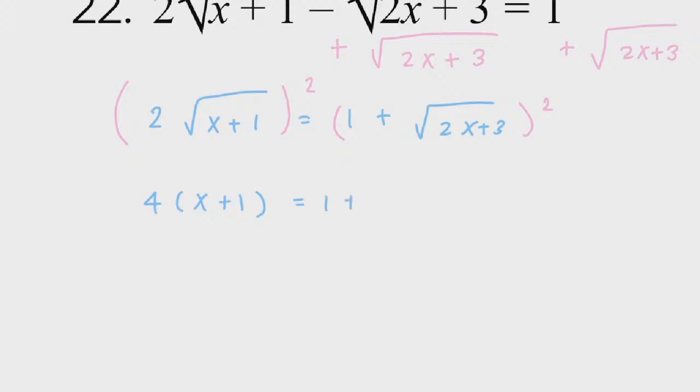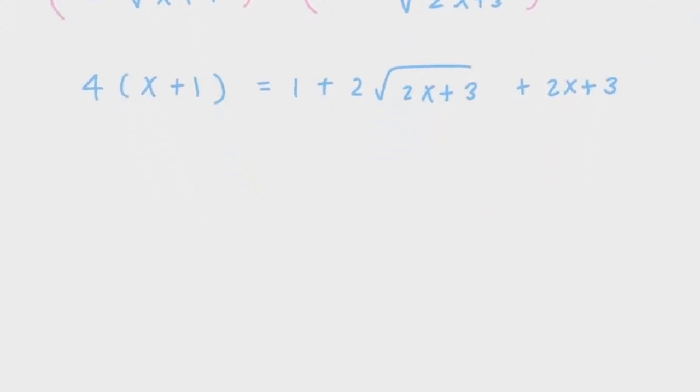That'll be 1 plus 2 radical 2x plus 3 plus 2x plus 3. So now we have another radical, and this time we can't isolate it. So we want to combine what we can and move all the numbers to one side. So we have 4x plus 4 equals 2x plus 4 plus 2 square root of 2x plus 3.